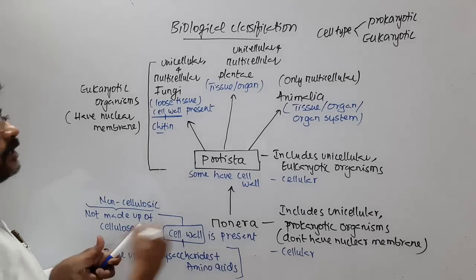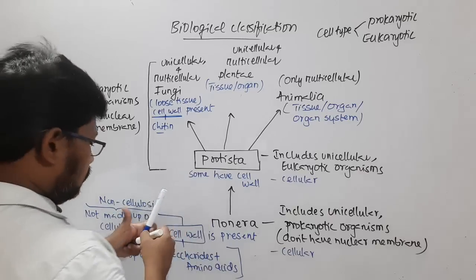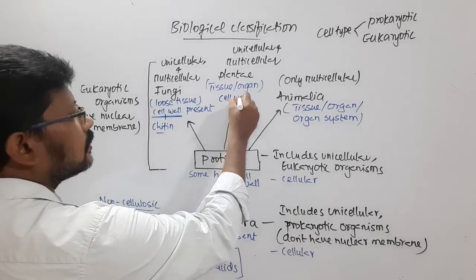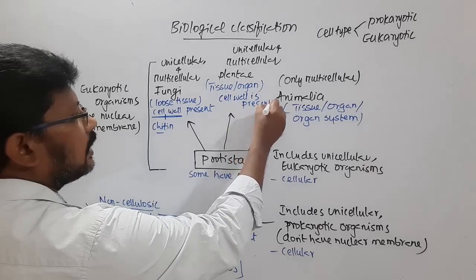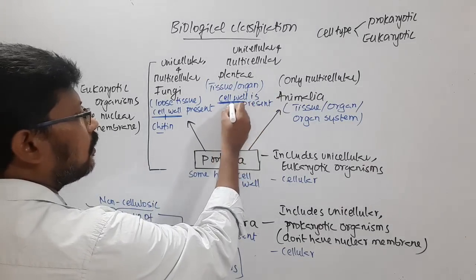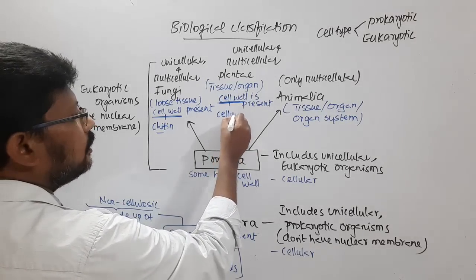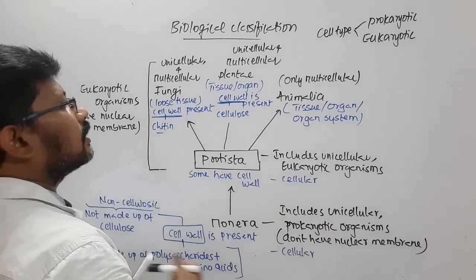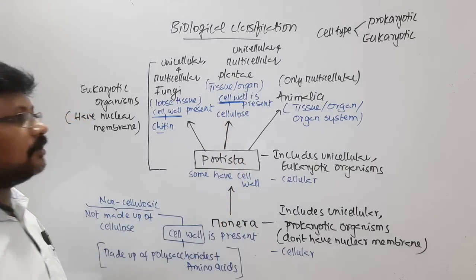And then coming to the Plantae, here also cell wall is present, and in this case the cell wall is made up of a substance called cellulose. So the plant cells will have cellulose.